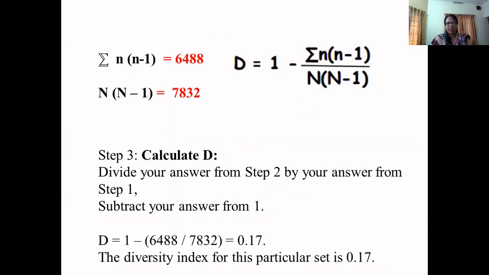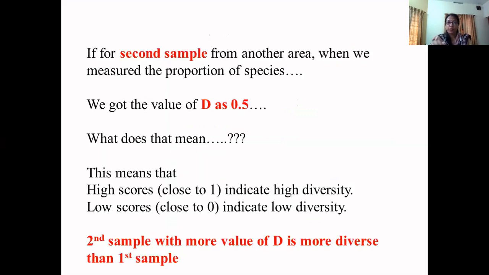So by substituting the values, we get Simpson's diversity index. Simpson's diversity index D is equal to 1 minus sigma n into n minus 1 divided by capital N into N minus 1. And here we get the answer, D is equal to 0.17. So the diversity index for this particular set is 0.17.